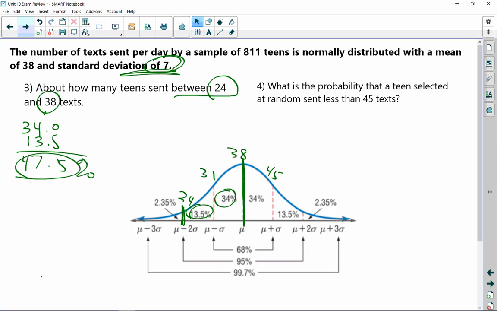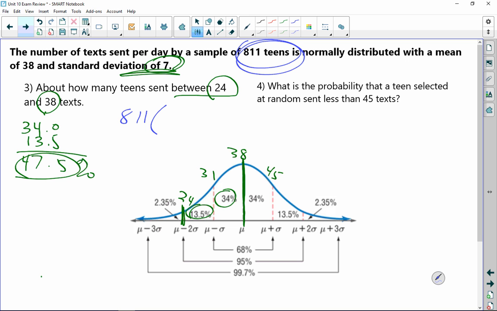Does that make sense? So what I have to do now is take my 811 and multiply that by the 47.5. Which gives me how much?